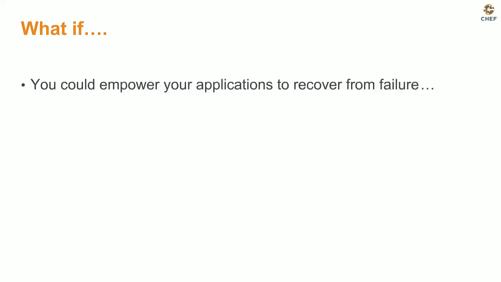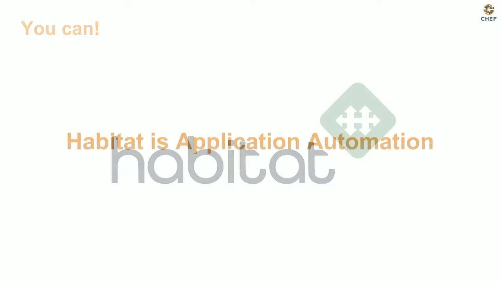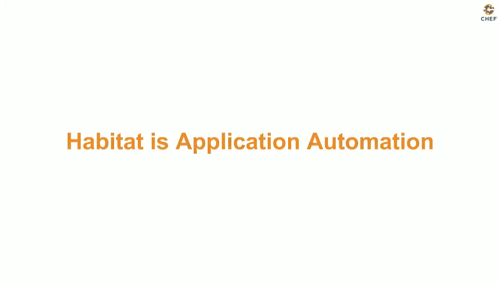What if you could empower your applications to recover from failure on their own without needing a central manager or orchestrator? Well, I have news for you today, and it's good news. You can do all of these things today with Habitat, which is a new open source technology from Chef. Habitat goes beyond infrastructure automation, beyond cloud automation, and into the world of application automation.